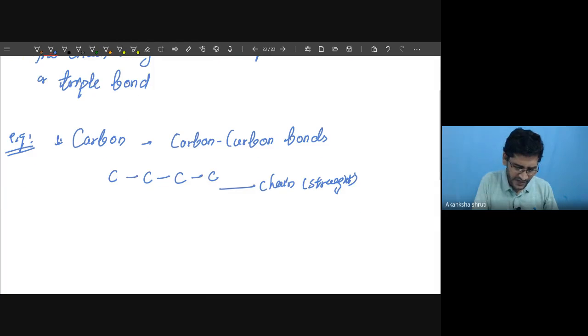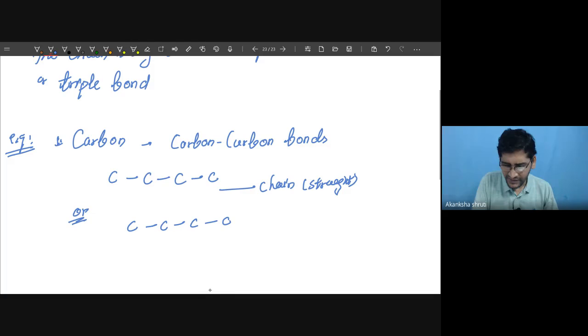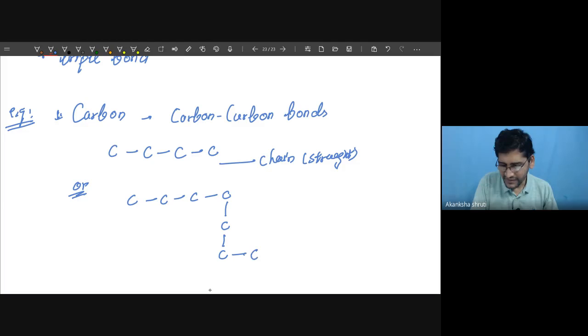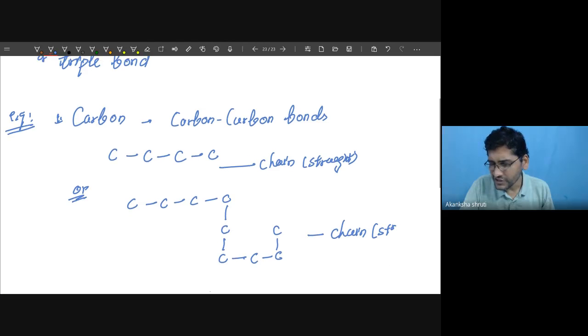It is also possible to have the two carbon, third carbon, fourth carbon, fifth carbon, sixth carbon, seventh carbon, eighth carbon, ninth carbon. Is this the same or different, whether it is a straight chain or branched chain? Student, this is also straight.